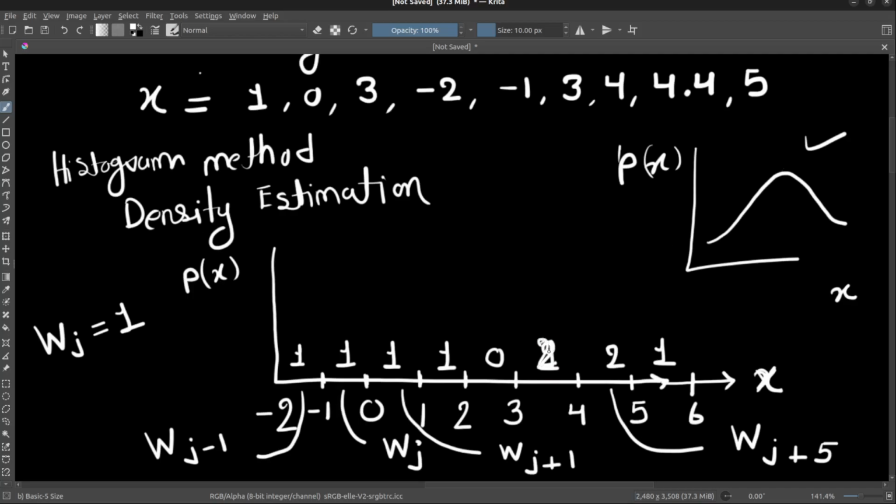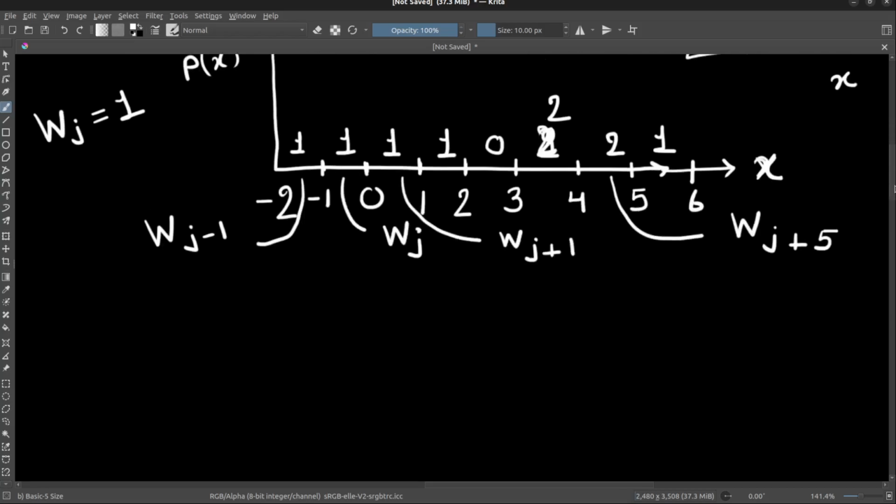Okay, this will also be 2, right? So now what we have to do is find the height. So height hj multiplied with wj is basically nj upon n.